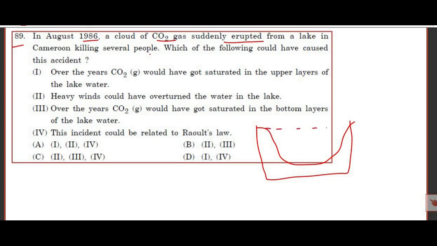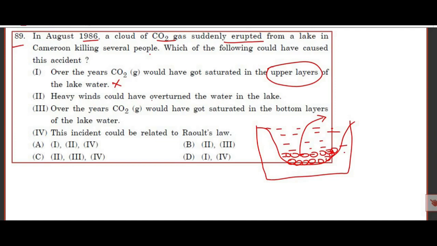This lake is filled with water and the carbon dioxide gas is at the bottom. What they are saying is this carbon dioxide exploded. Over the years, carbon dioxide gas would have got saturated in the upper layer. No, it will not be saturated at the upper layer. Answer 1 is wrong.